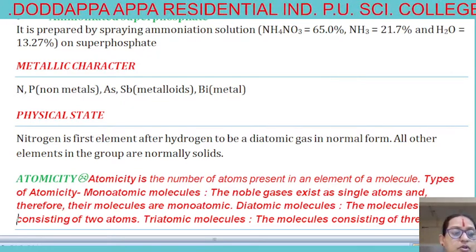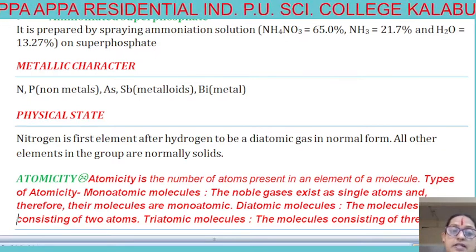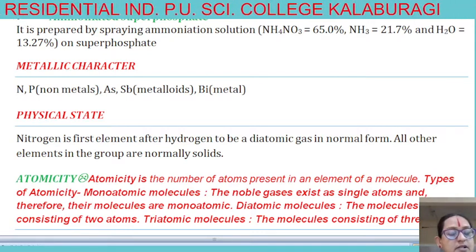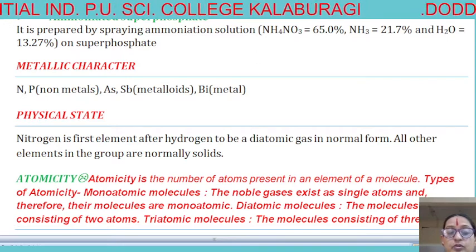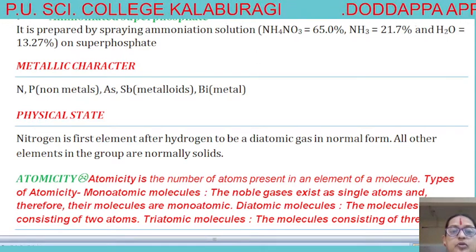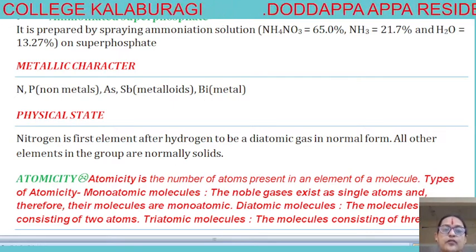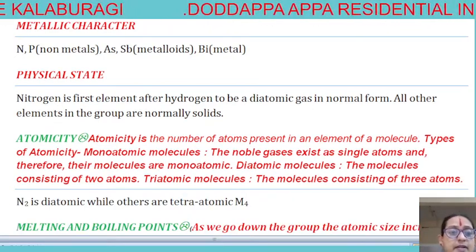Since they lose electrons easily, electropositive character increases. Therefore metallic character increases as we go down the group. Nitrogen and phosphorus are non-metals. Arsenic and antimony are metalloids; they can act as metal and non-metal depending upon what they react with. And bismuth acts as a metal.